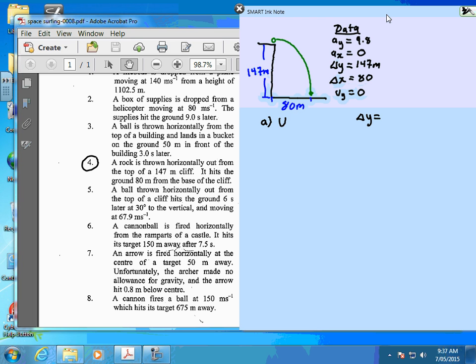Delta y equals uy t plus a half ay t squared. So I can substitute in.